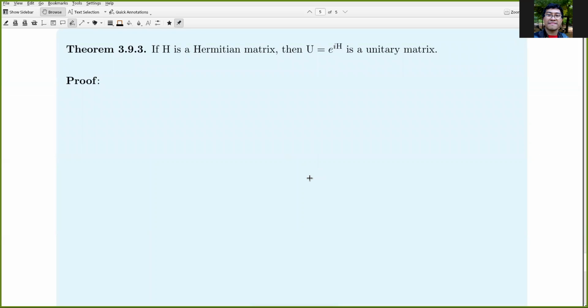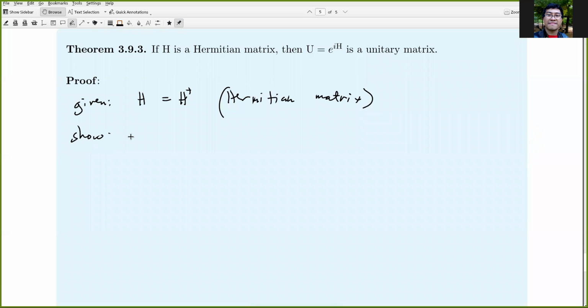Final theorem: if H is Hermitian, then U, which is e to the power of iH, is a unitary matrix. So the given is that H is equal to H dagger because it is a Hermitian matrix.